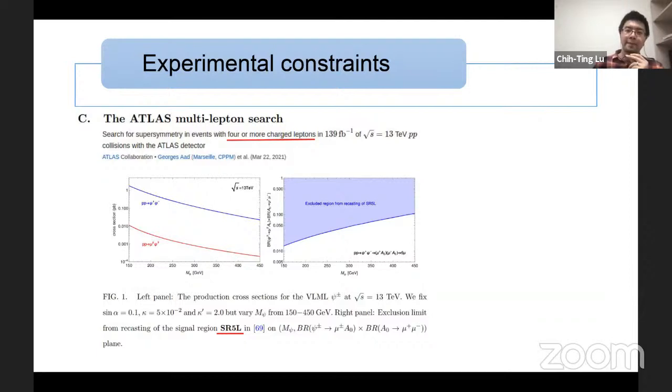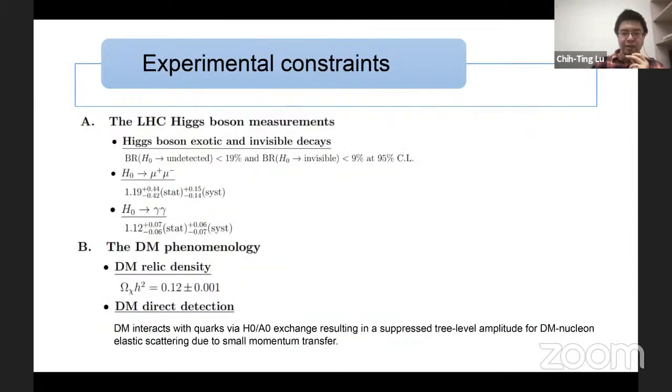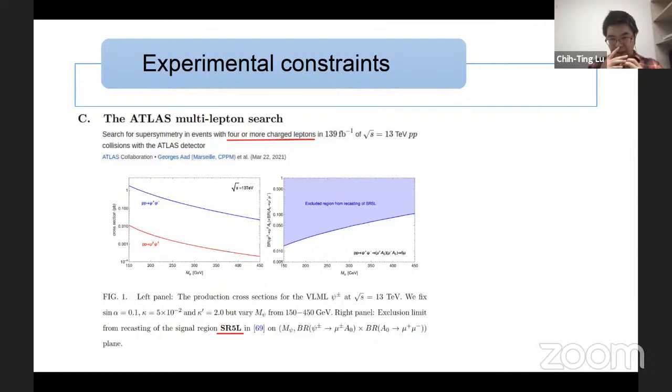Did you give a comment also on just 4 muons? I thought that may give a stronger constraint than the 5 lepton signal region. In our models, there will be 6 muons in the final state.